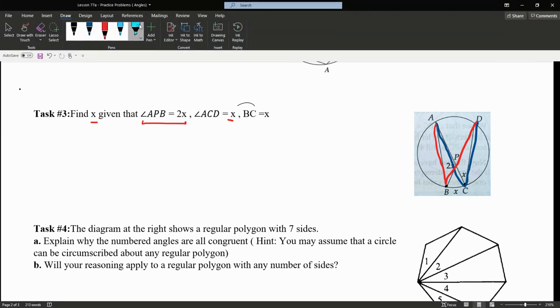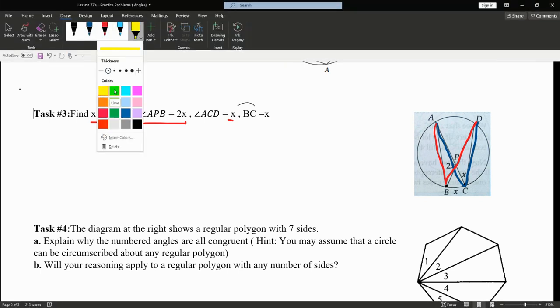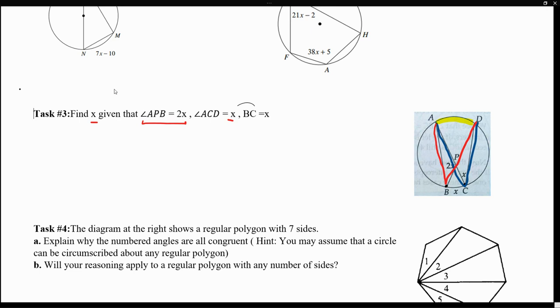So recall that one of those properties says that if you have two inscribed angles and they intersect at the same arc, they must have the same measure. So given that ACB has a value of x and they intersect at arc AD, then B should also have a measurement of x.